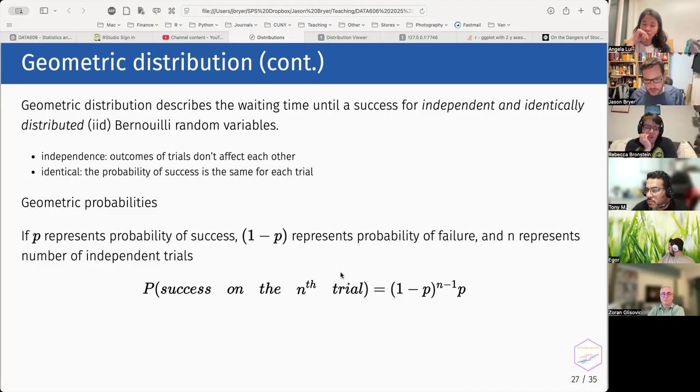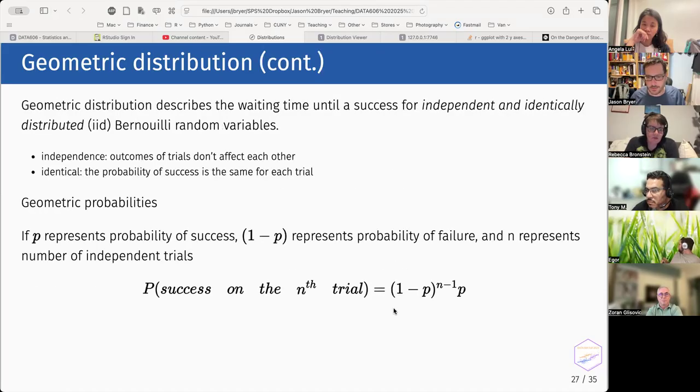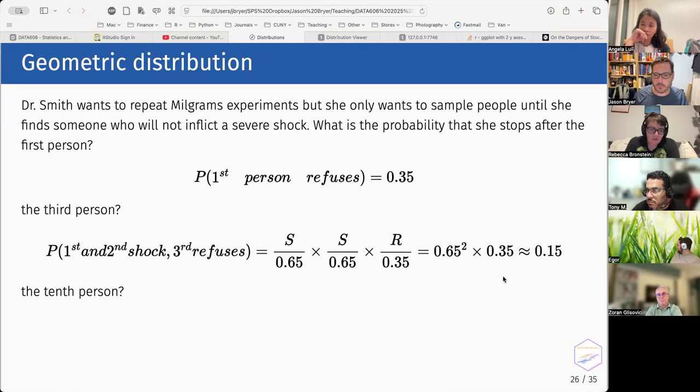So we can generalize: if we're looking at the third person, we're going to have 3 minus 1, or 2, failures and 1 success. That's just generalizing what we did on this slide.